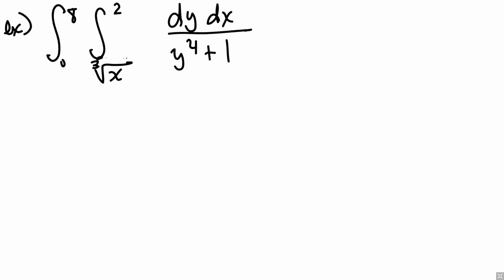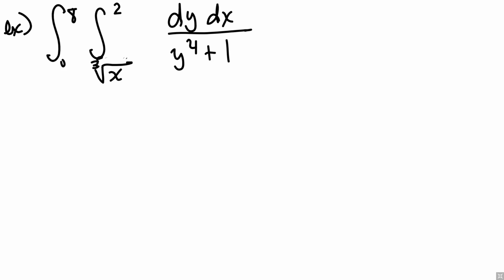Here's the reason why we need to understand how to change the limits of integration. Most people look at this problem and think, I may be able to integrate this using partial fractions or something like that.